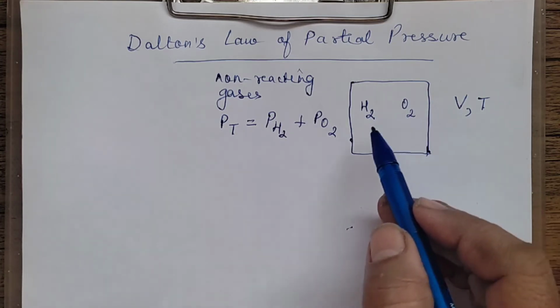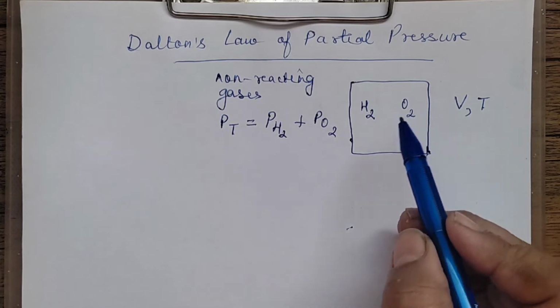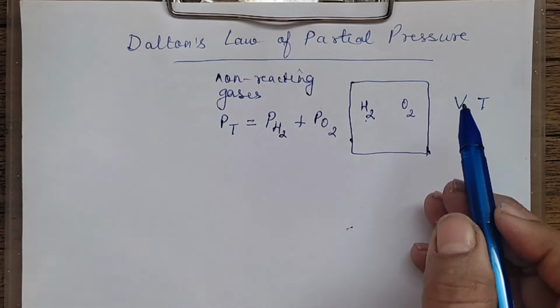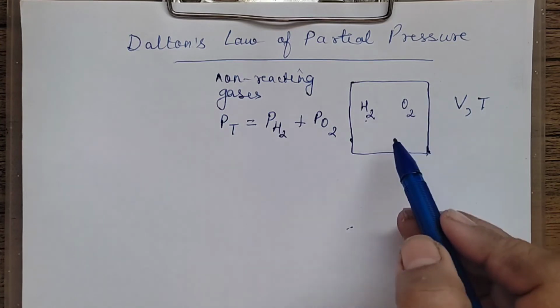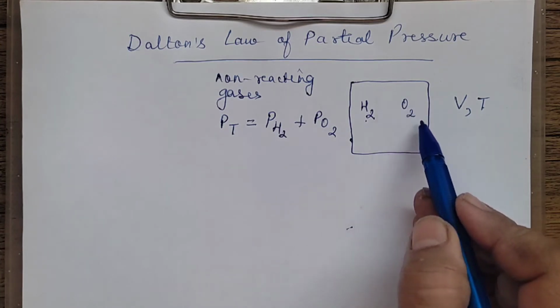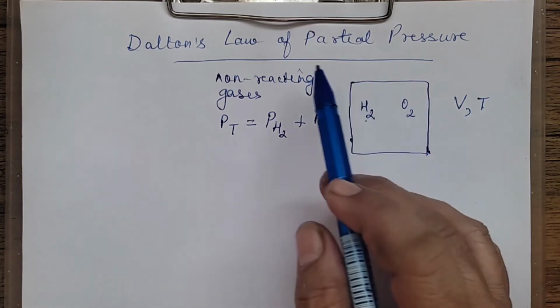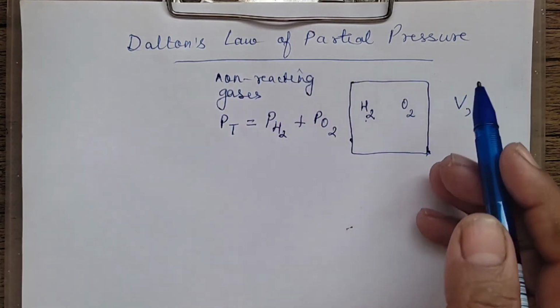Even if you are taking two gases, this gas behaves independently, as if there is no other gas present, as if oxygen is not there. We are ignoring it in a way. That is why it is called Dalton's law of partial pressure.